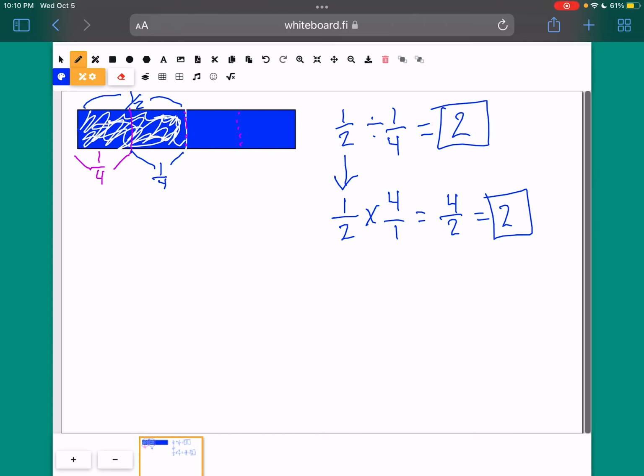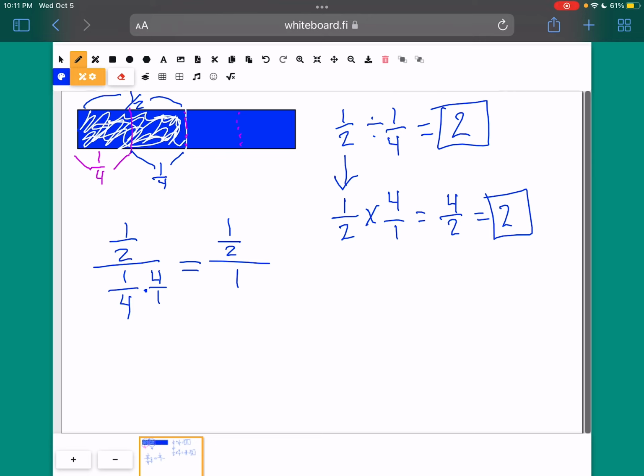But of course, we want to ask ourselves, what is actually happening here? So you have the 1/2, and you're dividing it by 1/4. And this is a complex fraction, and we don't want the complex fraction to be there. So we're going to multiply the denominator by its reciprocal to get 1, okay? And when I do that, then I have a problem that's 1/2 over 1, 1 being 4/4 in this case.